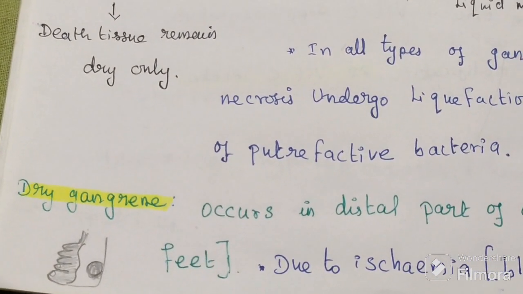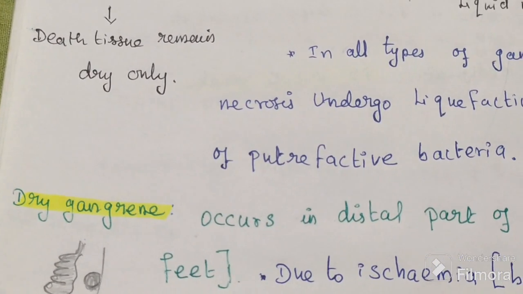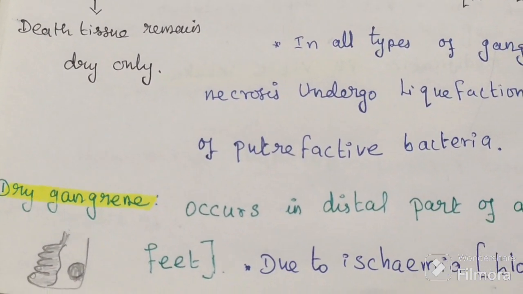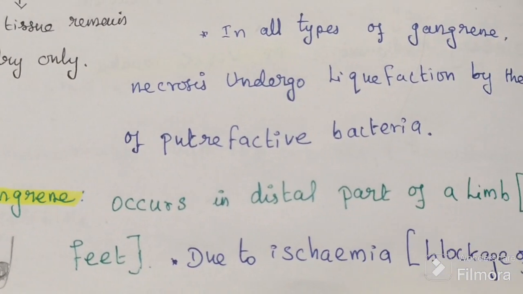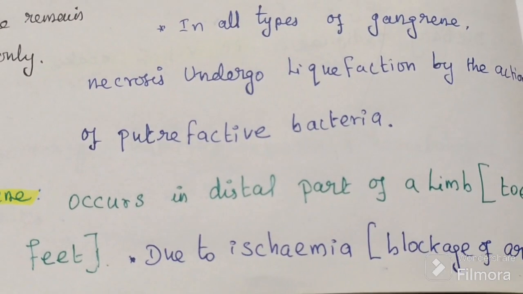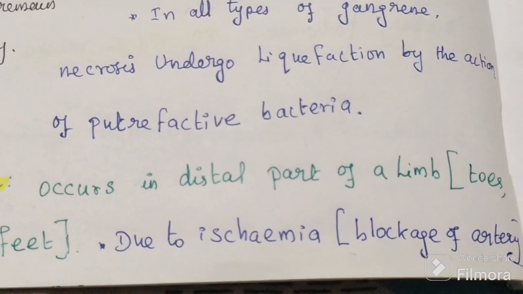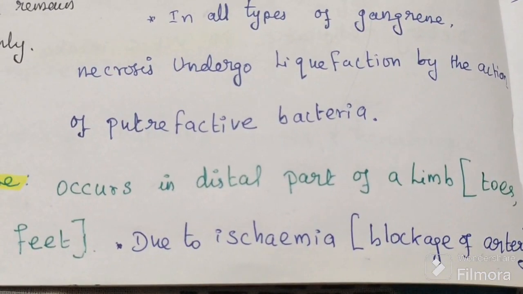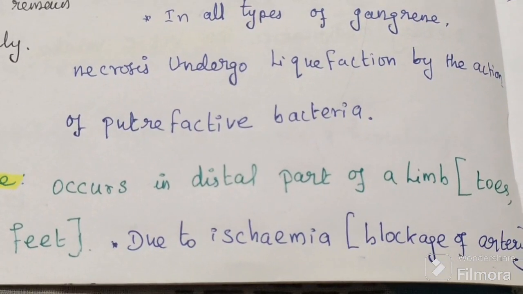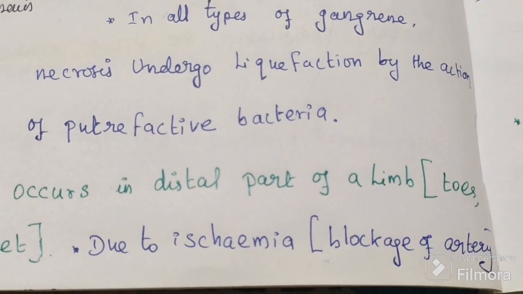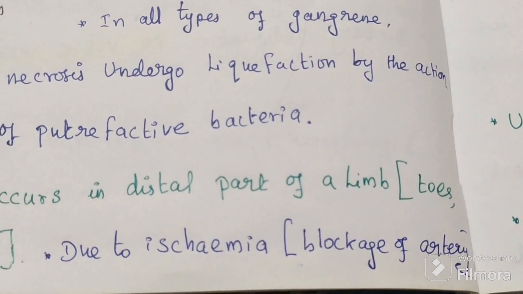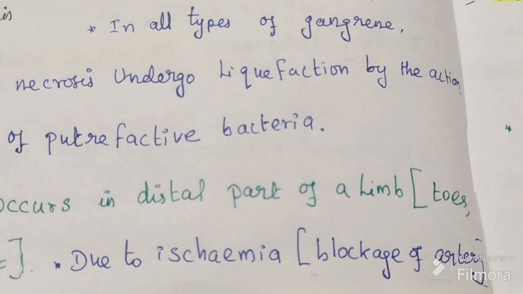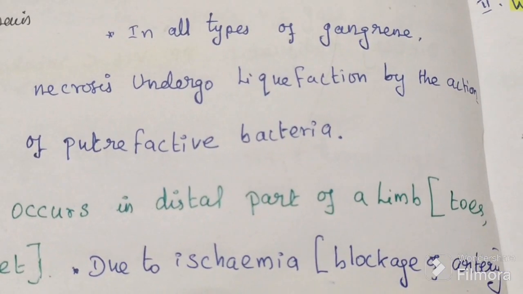First, we will discuss dry gangrene. It occurs mostly in the distal part of a limb, the toes and fingers, feet and toes. It occurs due to ischemia, blockage of the artery that supplies that part.